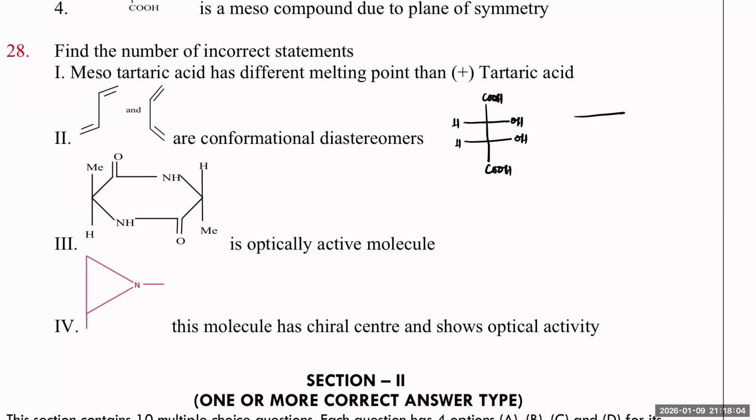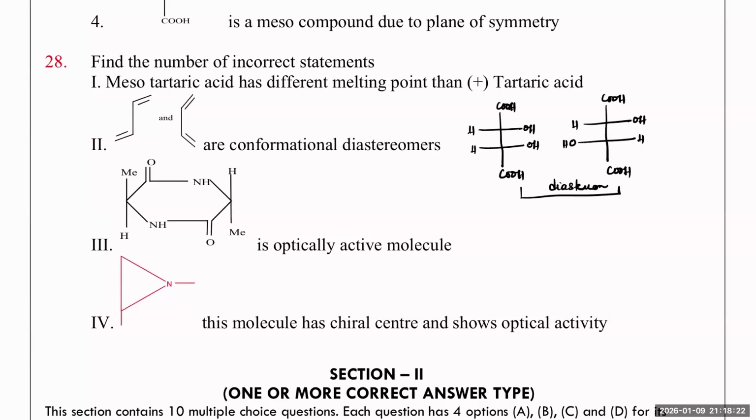And let's say we have the dextro form of tartaric acid, where I'm just assuming the OH is on the right and one OH is on the left, like this. Are these two mirror images of each other? No. These two are diastereomers, and diastereomers will always have different melting points. So yes, different melting point and different boiling point. Statement wise, this is correct. It's not our answer, but statement wise, it is correct.